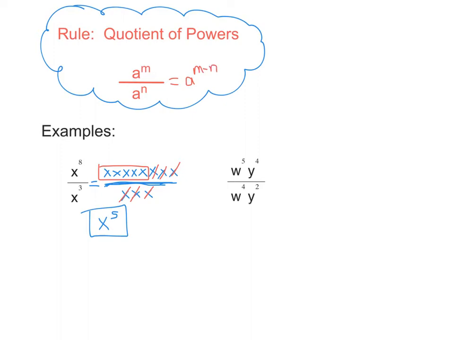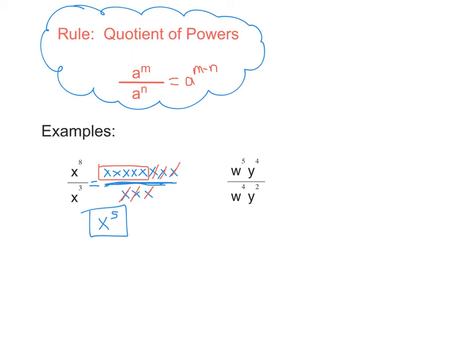Now I'm going to talk through this next example a little bit differently because although I'm always going to be using the quotient of powers rule that I talked about up here, that we're subtracting the exponent m minus n, there's a different way I like to talk about the quotient of powers rule while I'm doing more complex examples.